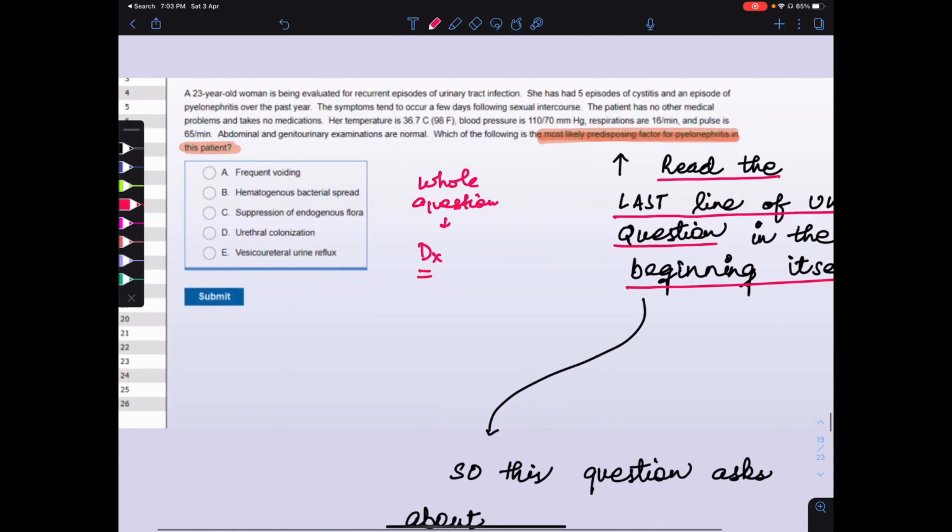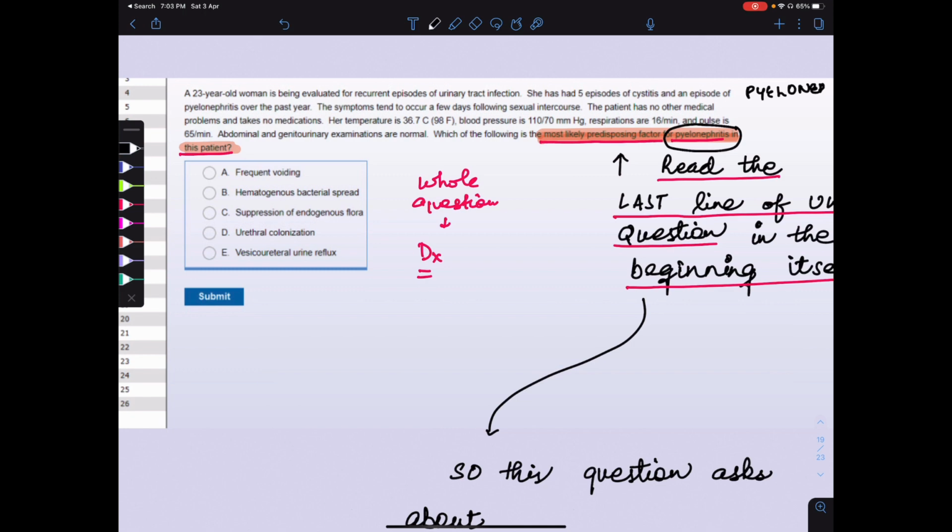This question asks about the most likely predisposing factor for pyelonephritis in this patient. That means they have told you that this patient is having pyelonephritis. What is pyelonephritis? Pyelonephritis is the ascending infection. Supposing someone is having the UTI, right? Lower UTI, cystitis. Cystitis means inflammation of the bladder. And that infection ascends upwards to the ureters and the kidneys.